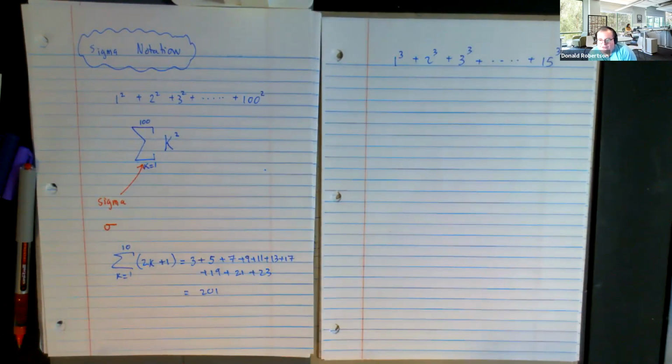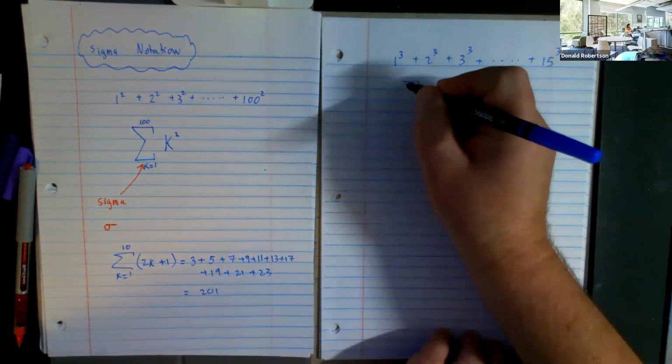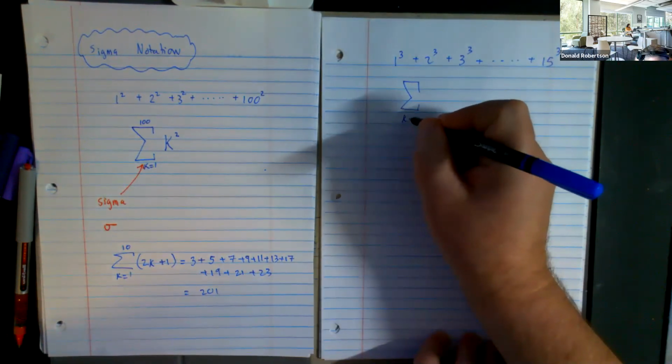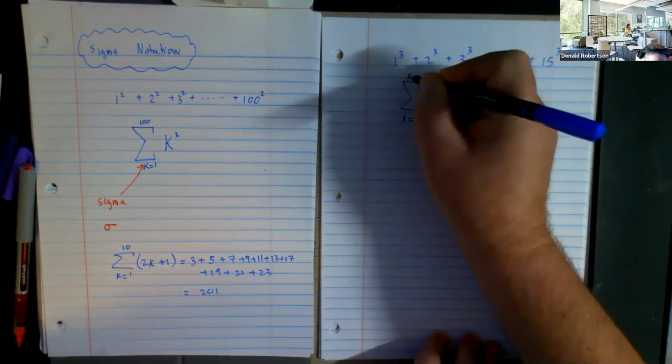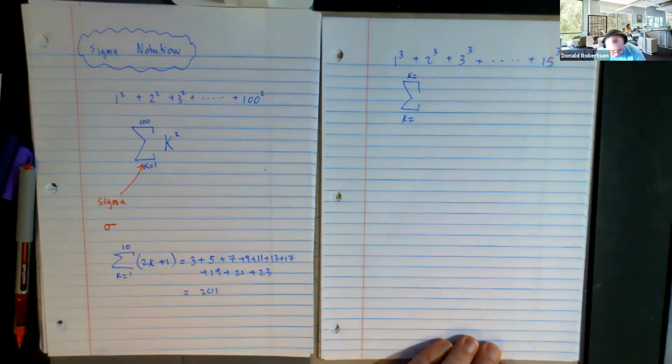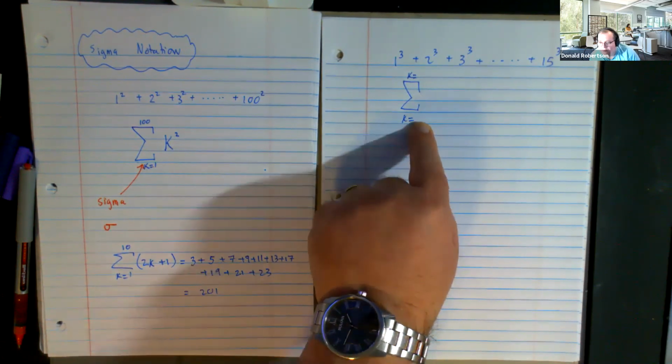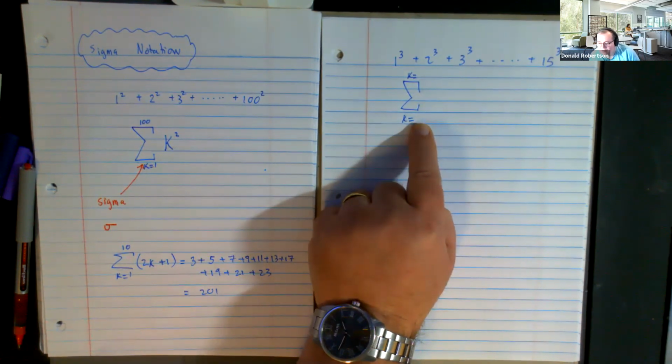Suppose I'm being asked to take that summation and rewrite it using sigma notation. And I'm going to do sigma, k equals. What number should go at the bottom here? This is a nice easy one to start with. 1.